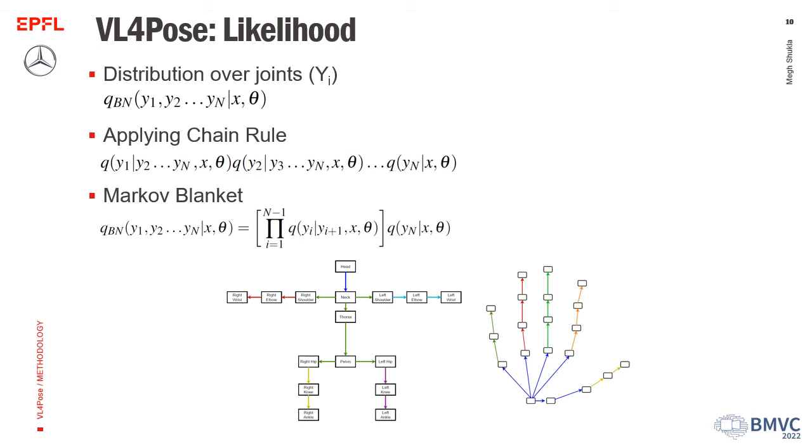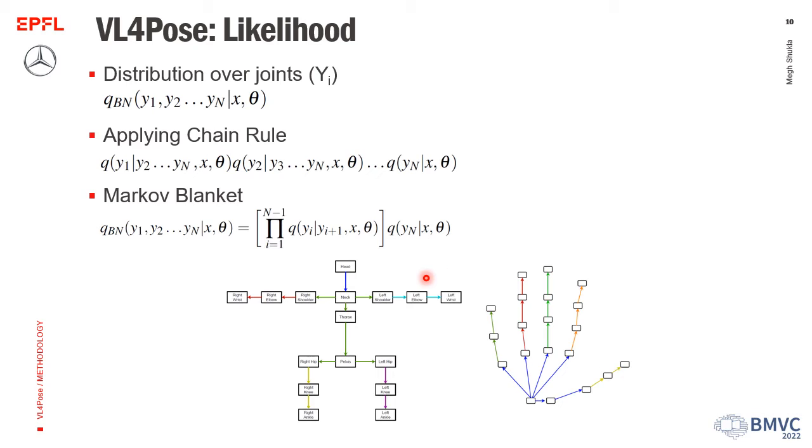So what does maximizing the likelihood over our pose mean? Say we are given an input image x, and here y1, y2 up till yn represent the n joints that form a pose. Once we apply the chain rule, we can distill any distribution down into these components. Now how do we simplify this further? One way of encoding domain knowledge is through a skeletal model.